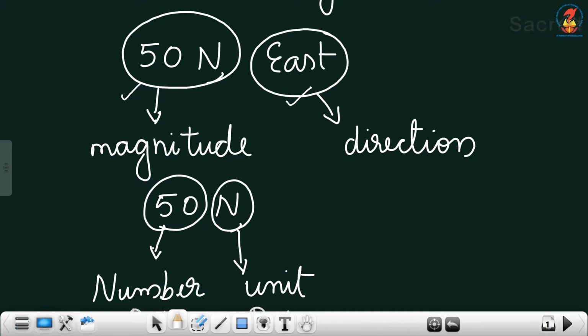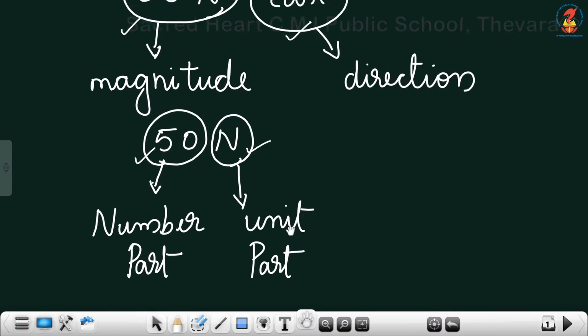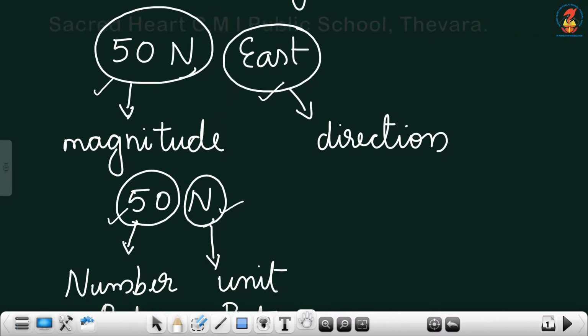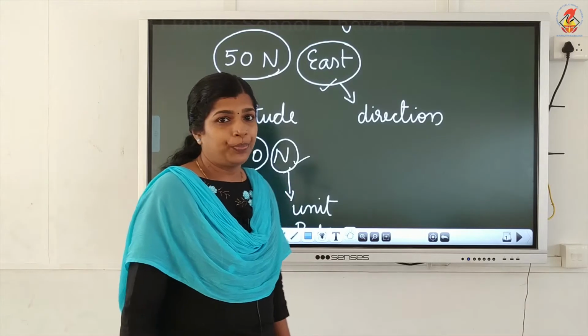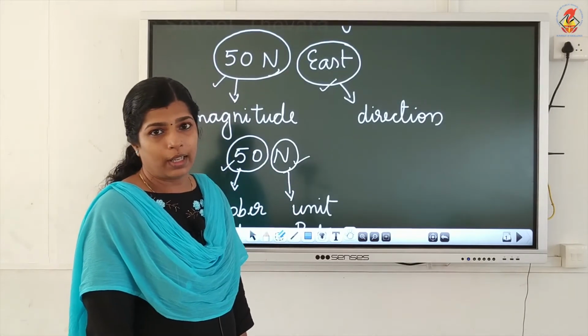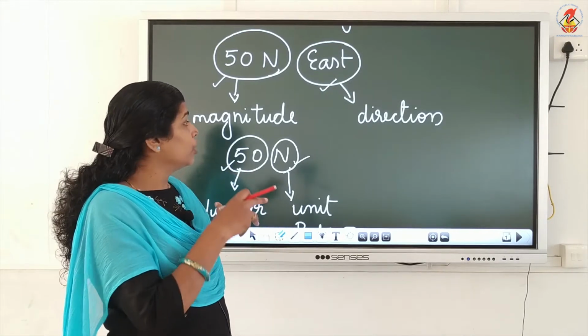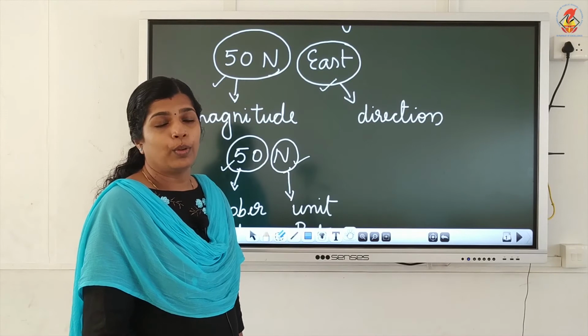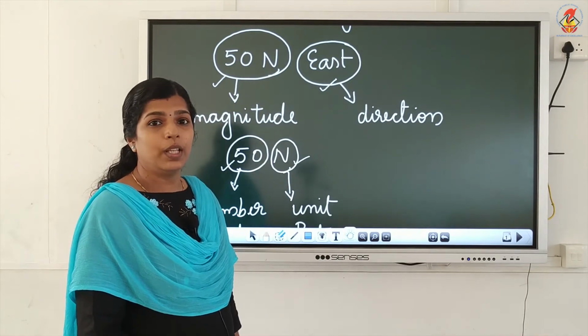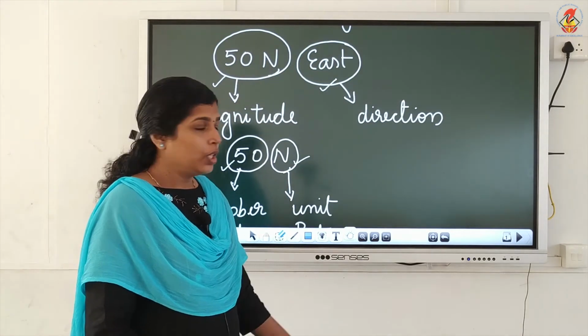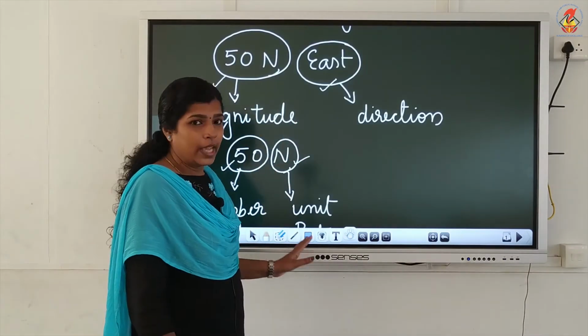This magnitude is again divided into two: the number part, that is 50, and the unit part, that is Newton. When you write a physical quantity with both magnitude and direction, it is a vector quantity. You studied this in 8th standard.